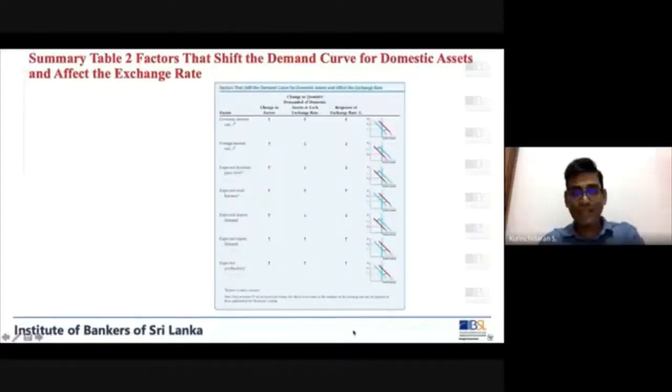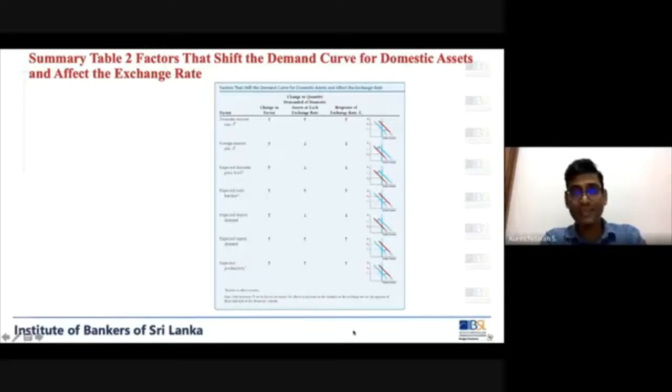Now you can see here the first column is factor, second column is change in factor, third column refers to the change in quantity demanded of domestic assets at each exchange rate, right?